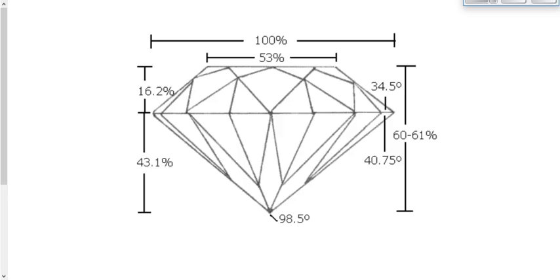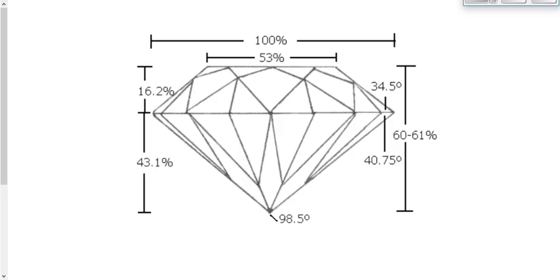Now, the color, the clarity, I knew nothing about that before I bought a diamond ring. But the cut is pure physics. It has to be cut just right, and I'm going to explain why now. Here's a cross-section of a diamond that's cut properly. Don't worry about these numbers and percents at all. But this is cut properly. Any diamond should be cut at these angles.